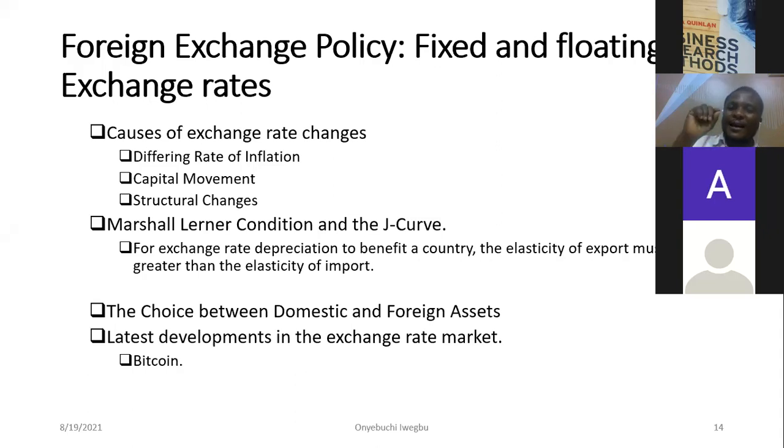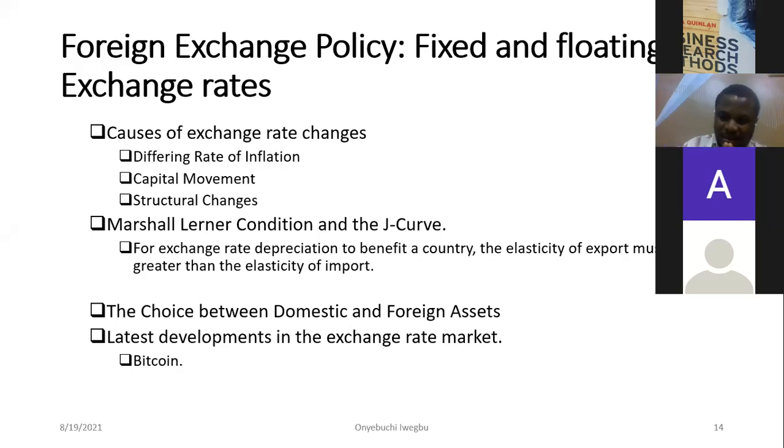And because we are a mono economy, majorly we sell crude oil. So once the prices of crude oil decline, our foreign exchange earnings will decline. Once our foreign exchange earnings decline, then exchange rate will be impacted.